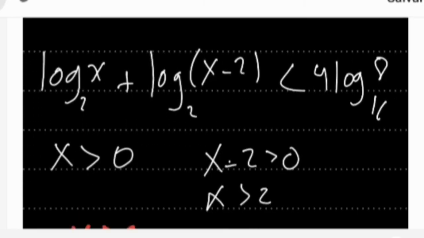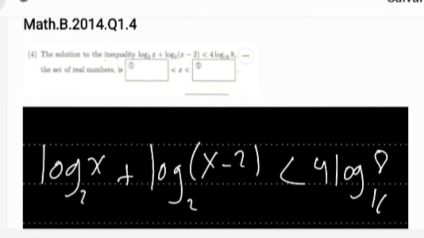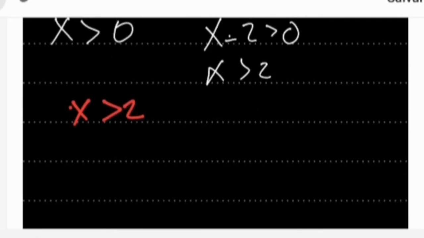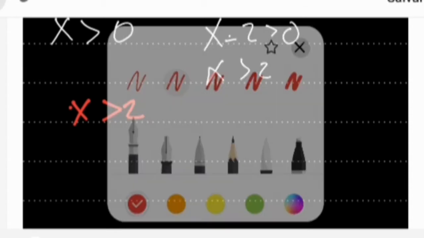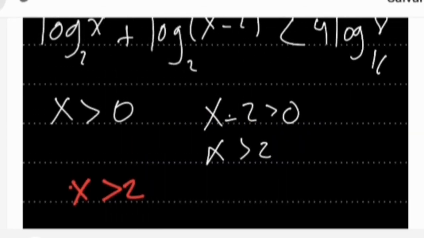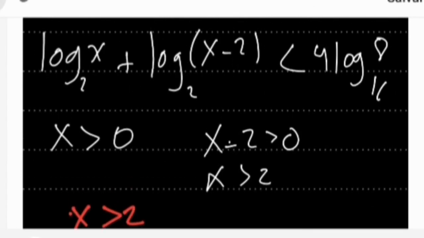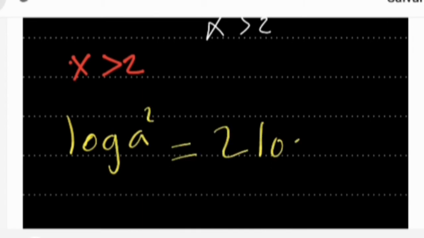And the second thing we need to remember. Let's write with this pen, not with yellow, because this is not really part of the question, just a review. If you have log of a squared, this is equal to 2 log of a.